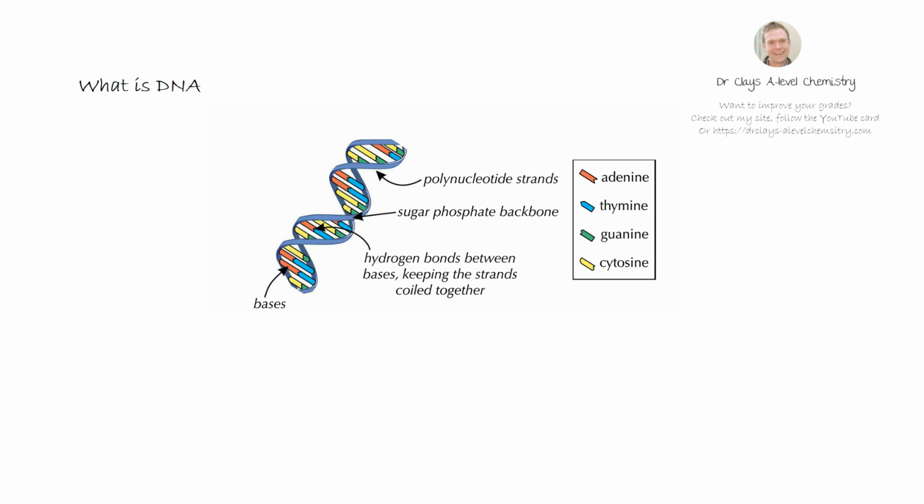So that brings us back to our first question about what is DNA that we saw at the beginning of this lecture, and we said here that we can see our 2 strands, and we said these 2 strands were polynucleotides.